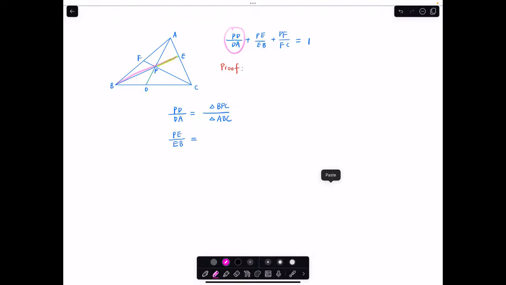I claim that it is actually equal to the ratio of APC over the bigger triangle ABC. Okay, so in other words, this is APC over ABC. All right, let's erase that again.